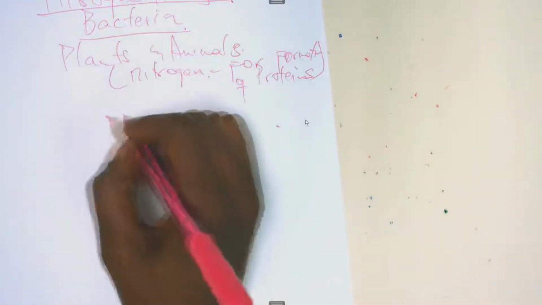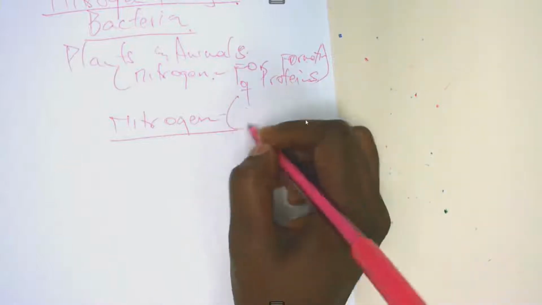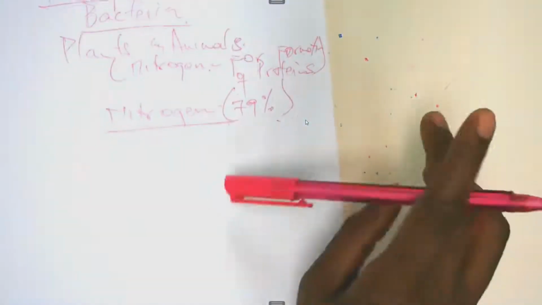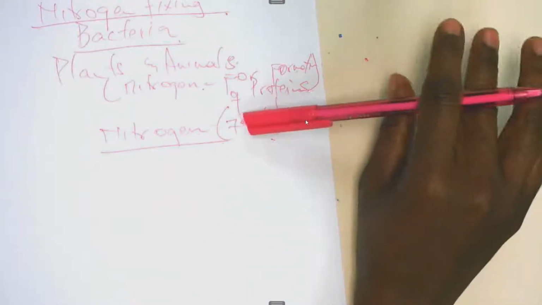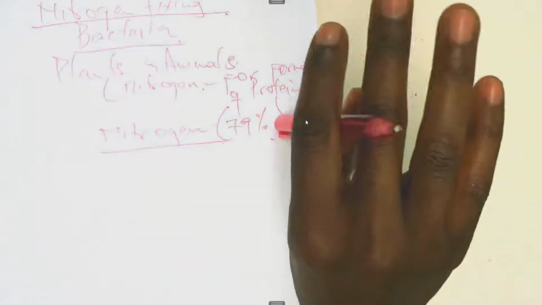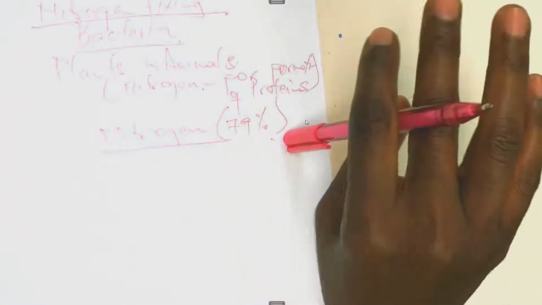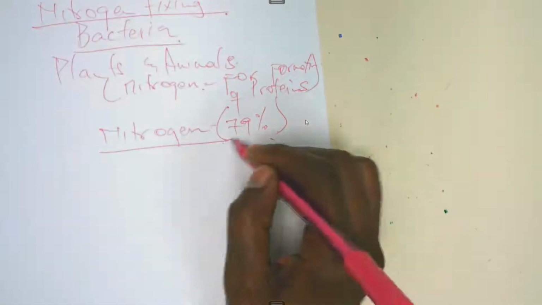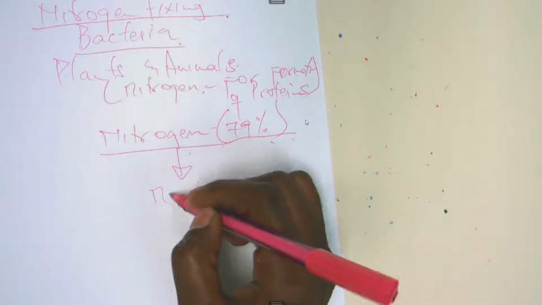But we know that plants and animals are unable to absorb nitrogen directly from the atmosphere. So this nitrogen will have to be converted into nitrates.